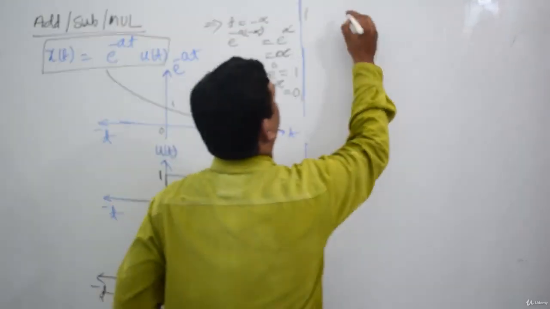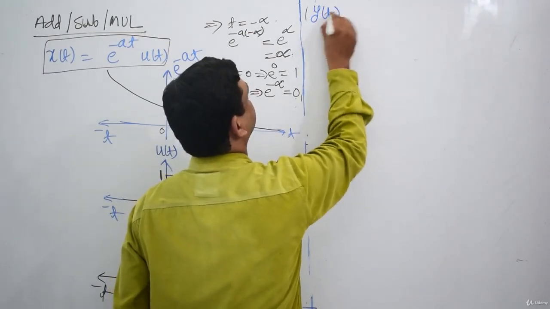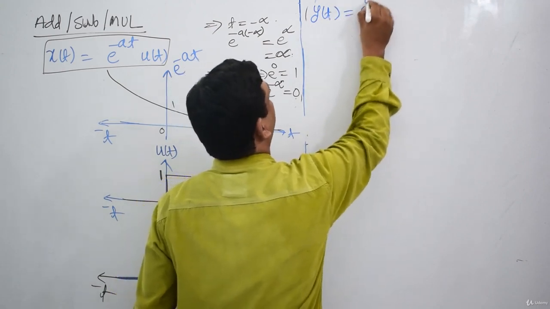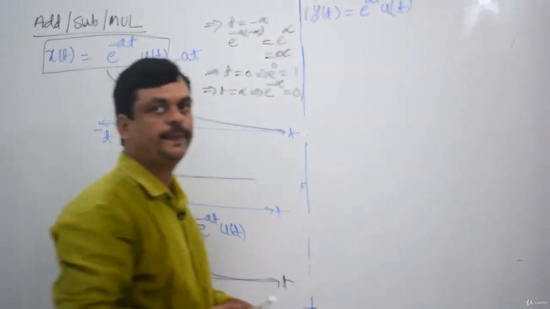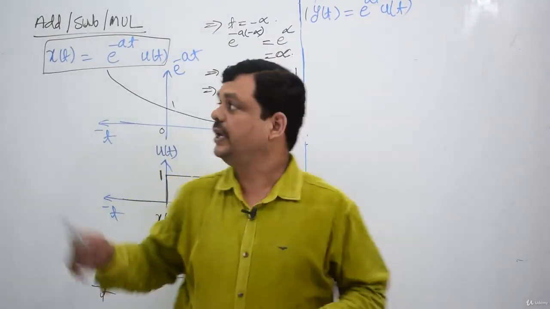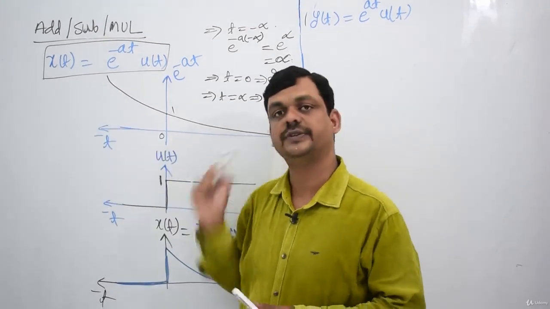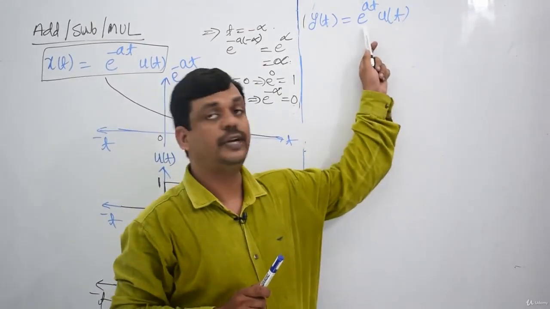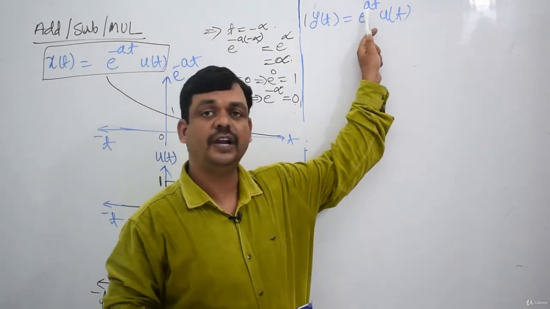Similarly, one more function, y of t equal to e power at into u of t. Here I wrote e to the power of minus at, an exponentially decaying function, and here e to the power of at is an exponentially increasing function because the a value is positive.